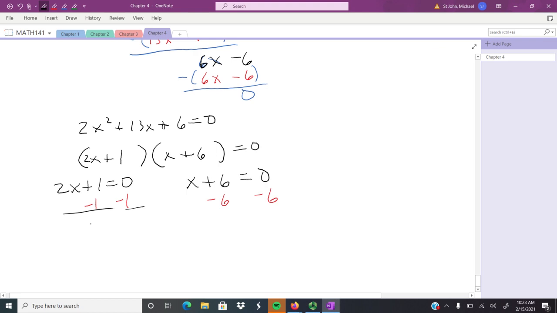So you get 2x equals minus 1, and x equals negative 6. Divide by 2, and x equals negative 1/2. So we found our zeros here.